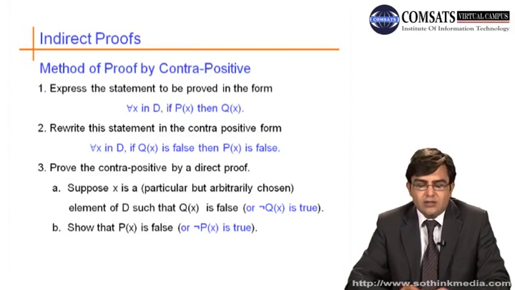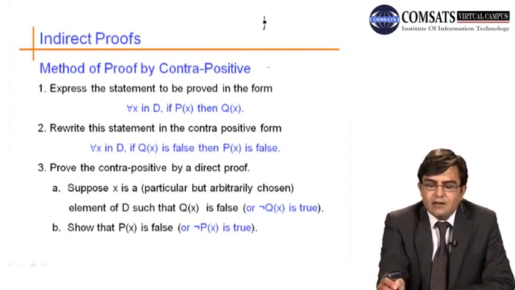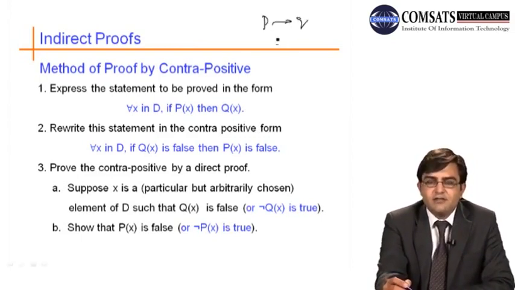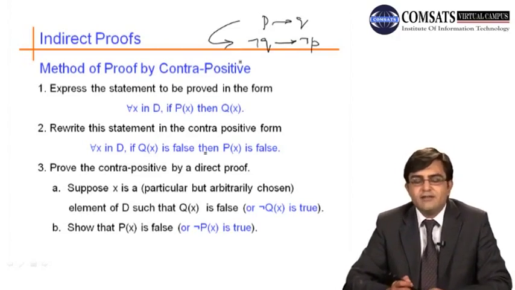You know what the contrapositive of a conditional statement is. If we have a conditional statement P implies Q, then the contrapositive of this statement is not Q implies not P. This is the contrapositive we have studied in logic.